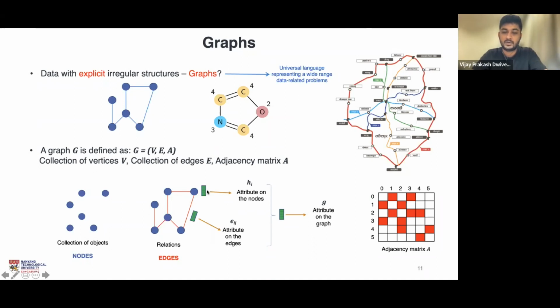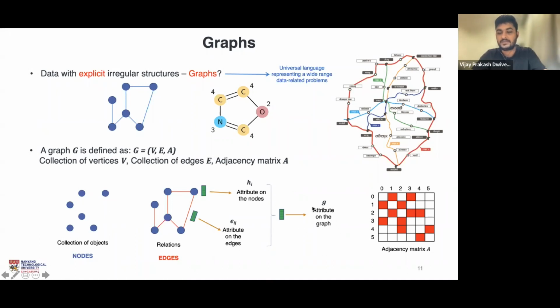Now each node of the graph may have an attribute, may have certain information. Each edge on the graph may have certain information. So how would you understand this from the perspective of this? The edge information could represent whether the edge is a single bond or a double bond. The node information may represent whether the node is a nitrogen atom or carbon atom or oxygen atom, and so on.